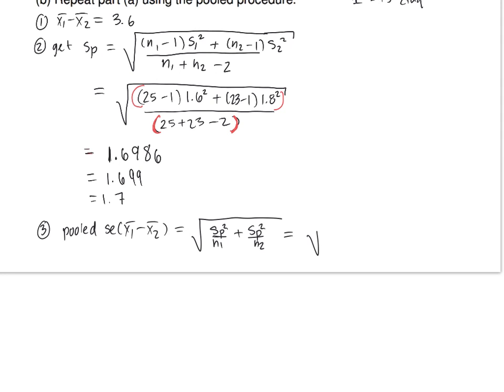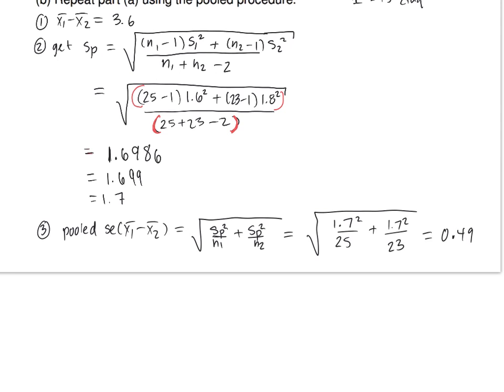Okay, so moving on. Root 1.7 squared over 25 plus 1.7 squared over 22. And it kind of makes me mad the only example they give you, this comes out to also be 0.49. Not really any different than the other one, right? It's just a longer process.